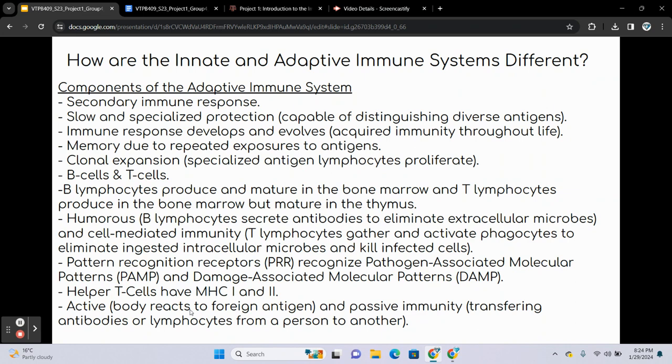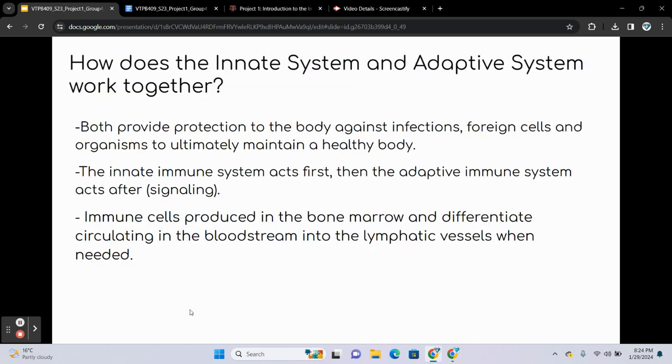There is active and passive immunity. Active involves the body's reaction to foreign antigens, and the passive immunity involves the transferring of antibodies or lymphocytes from a person to another. How does the innate system and adaptive system work together?